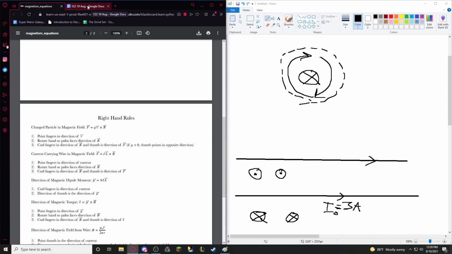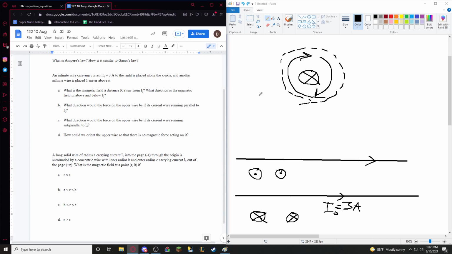Rotate the palm to face the direction of the field. I'm guessing the field would be out of the page. So it would be pointing down. Yeah, downward. And just casual wrist breaking again because of the awkward hand position. You're right: fingers to the left, field out of the page, force straight downward.